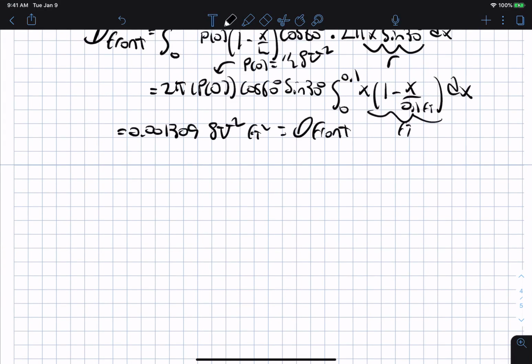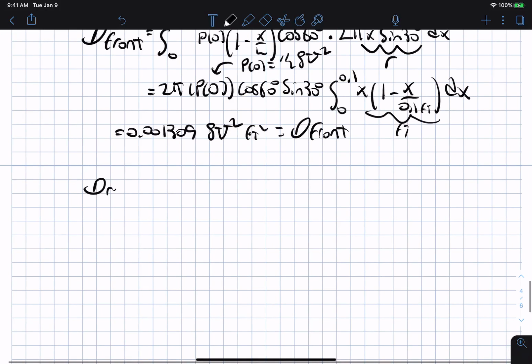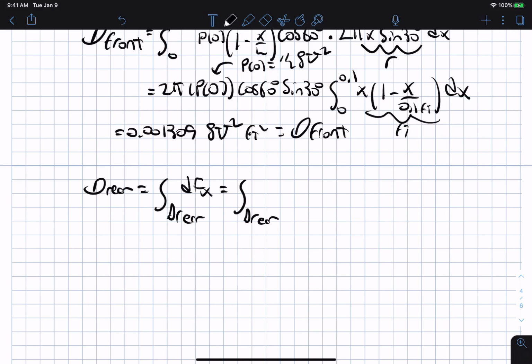And then the drag on the rear equals the integral over the rear area, dFx. Well, the pressure on the rear is constant. That equals the integral over A rear, P at the rear, cosine of 180 degrees, dA.